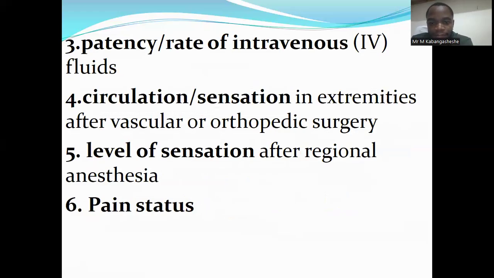Mainly you see blood in the first 24 hours, then later on the color will keep on changing and the amount will change. Patency of intravenous tubes, we're looking at cannulas. These are used for administration of drugs, administration of various fluids, dextrose, normal saline, or Ringer's lactate.